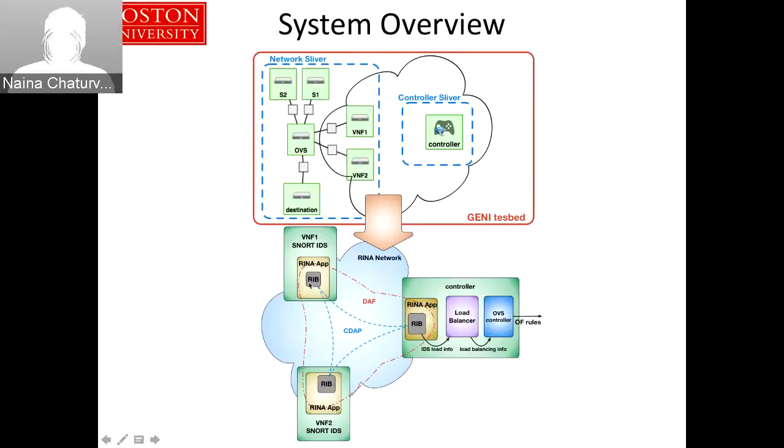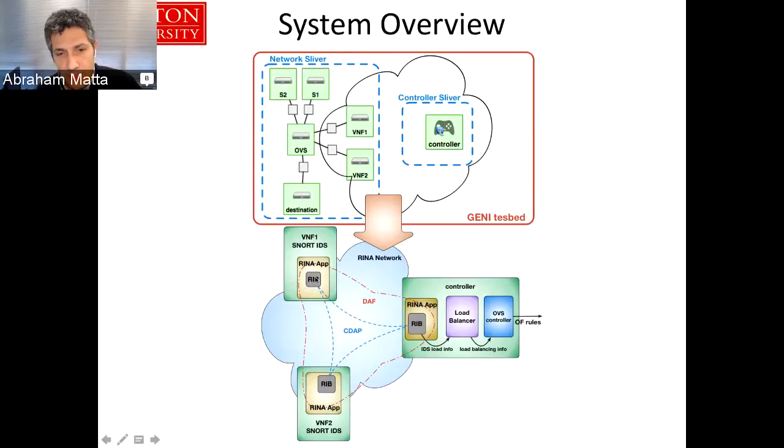The VNF processes will publish their CPU load objects with the CPU load measurements. And the process on the controller will subscribe to this information. Then we're going to use this load information on the intrusion detection instances to balance the load.